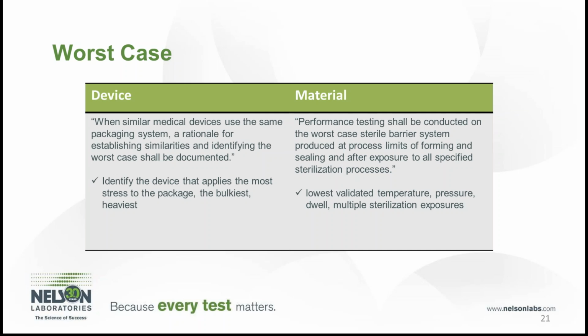The third time worst case is mentioned throughout ISO 11607 is actually referring to the manufacturing process, or the IQ, OQ, PQ that we've previously discussed. Don't forget to justify why a certain device or package system or sterilization is the worst case. This needs to be documented and justified so that it's captured correctly.